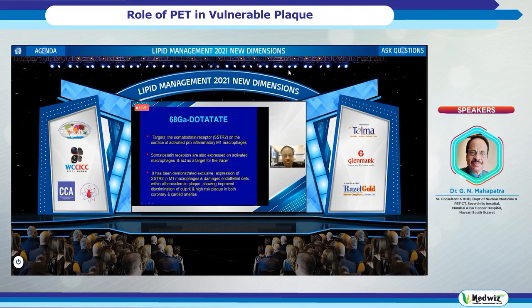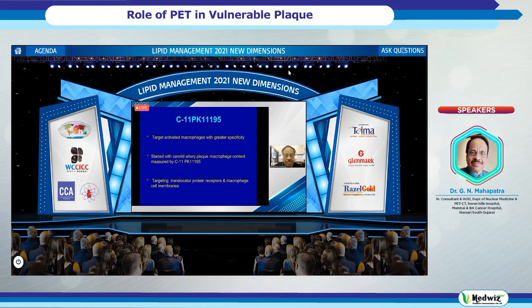Then comes gallium-68 DOTATATE. This targets the somatostatin receptor on the surface of activated pro-inflammatory macrophages. Somatostatin receptors are expressed on activated macrophages and act as a target for the tracer. It has been demonstrated that expression of somatostatin receptor in macrophages and damaged endothelial cells within atherosclerotic plaque shows improved discrimination of culprit and high-risk plaques.